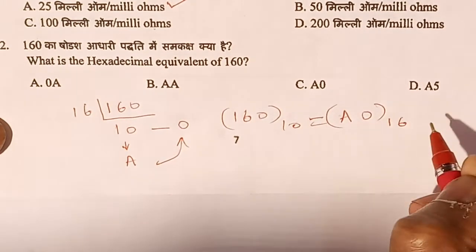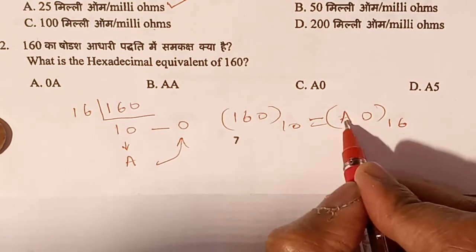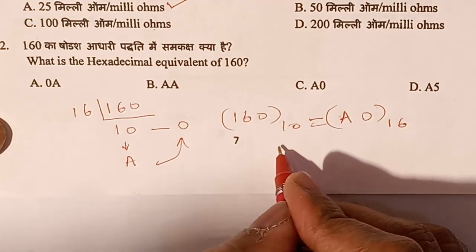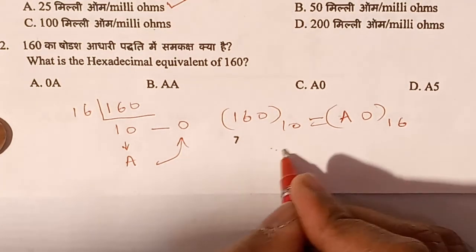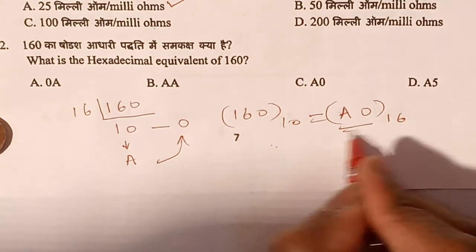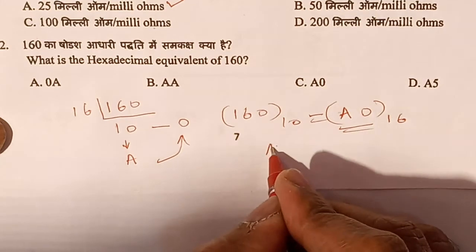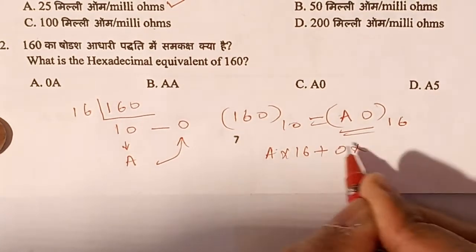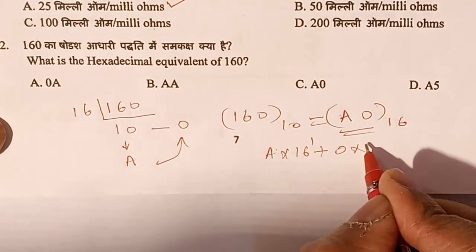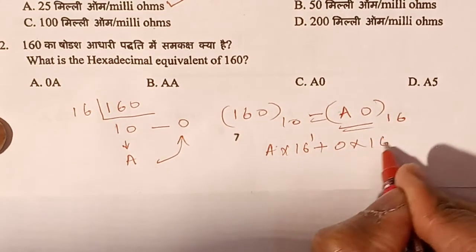Hexadecimal 16. Now if you want to check, you can cross verify also. A equal to 10. If you want to convert this to decimal, what you will do? A multiplied by 16 to the power 1 plus 0 multiplied by 16 to the power 0.